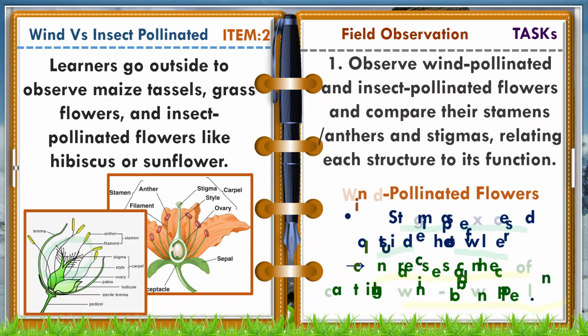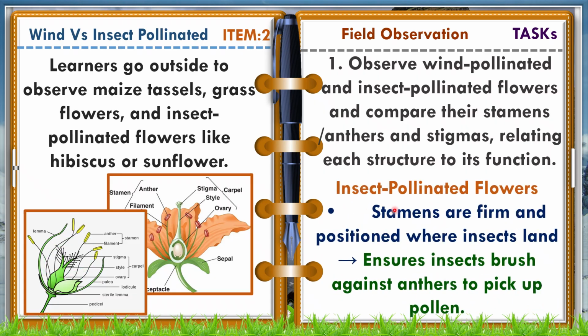Now let us go to insect-pollinated flowers. For the insect-pollinated flowers, the stamens are firm and positioned where insects land.